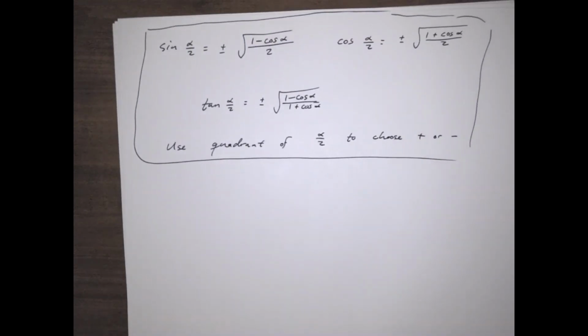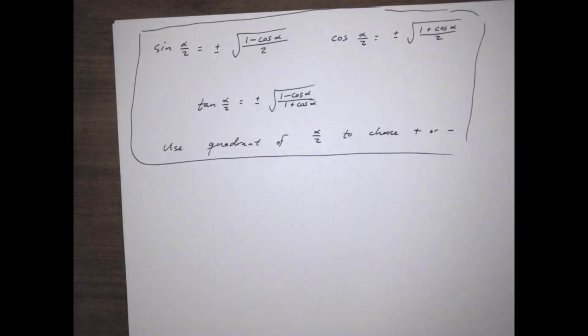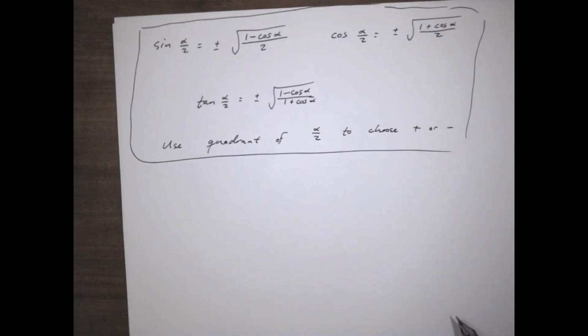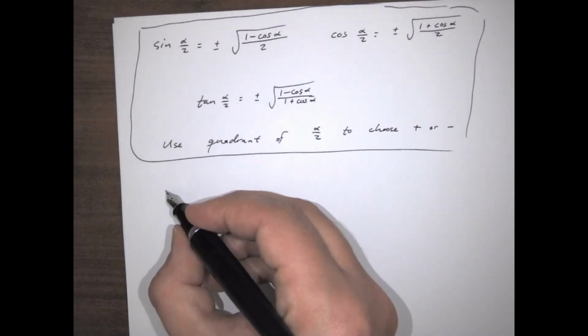All right, and then it turns out that we can come up with a simpler version of the tangent formulas, one that doesn't involve the plus or minus, and that can be a little bit easier to use because it produces answers that won't require as much simplification. The easier to use versions of the tangent will look like this.